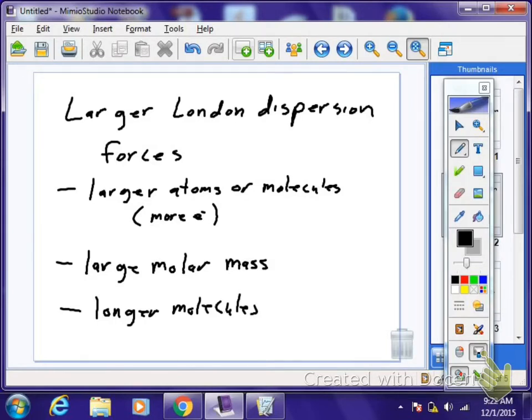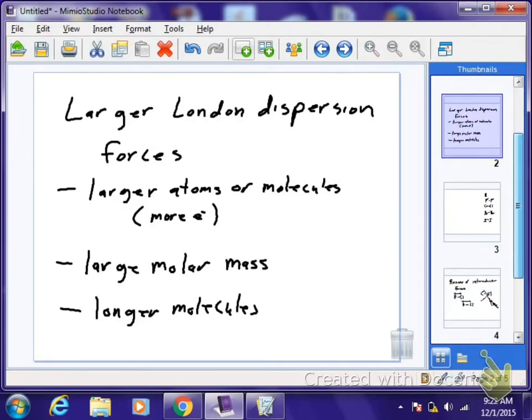These three topics are going to be really important in the lab we're going to do tomorrow. We could also say smaller London dispersion forces: smaller atoms, molecules, smaller molar mass, smaller molecules. That would be okay, because we're just looking at it in terms of smaller London dispersion forces. I've got one scenario I want to share with you, and then I'm going to show you how to do the first part of your lab.